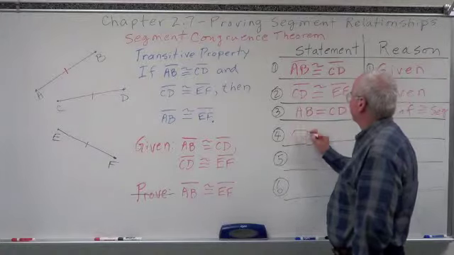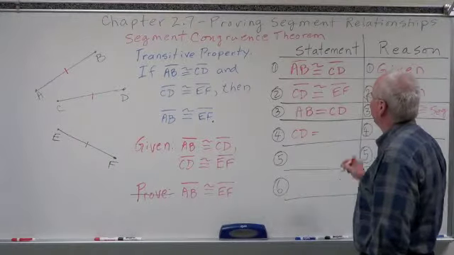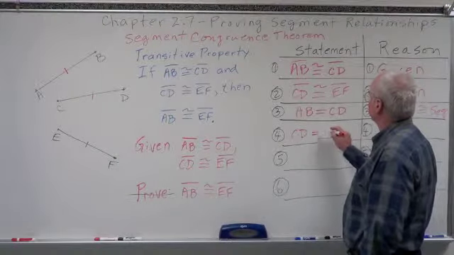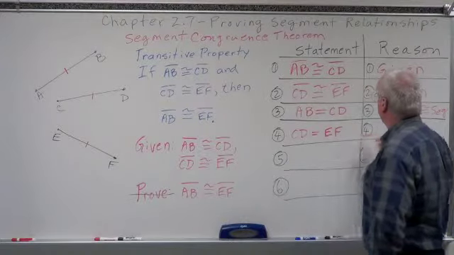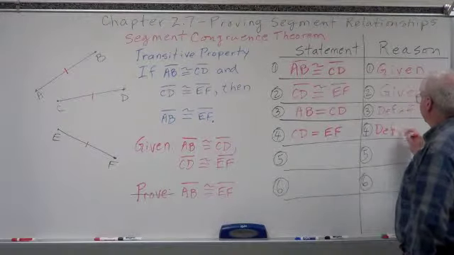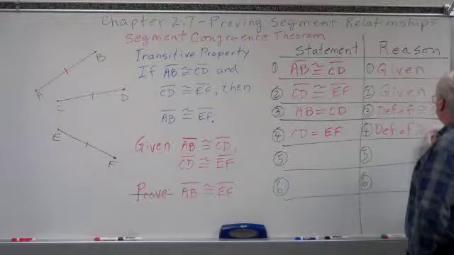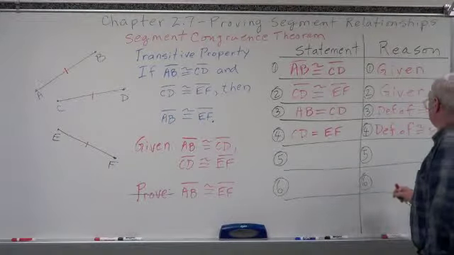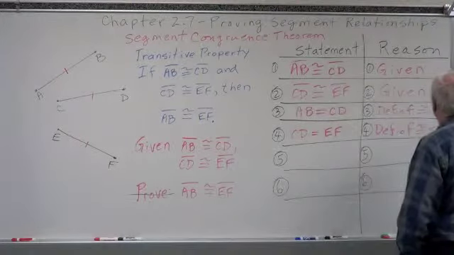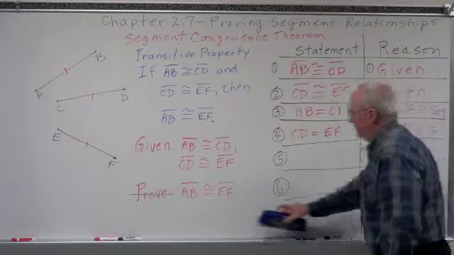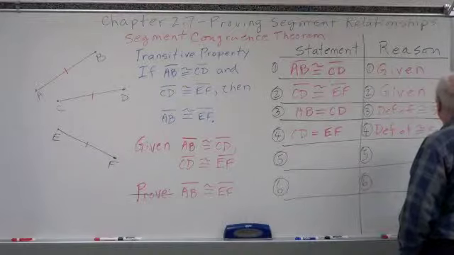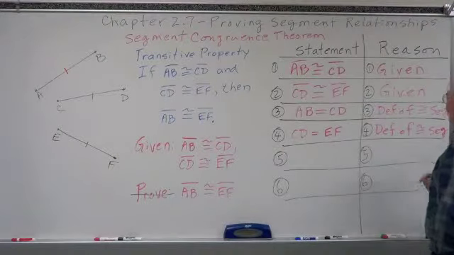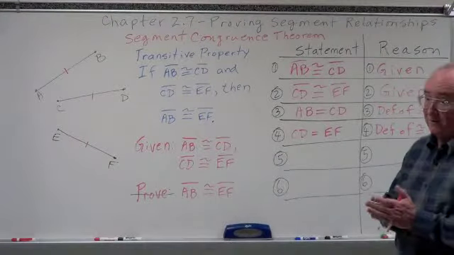Next one, the measurement of segment CD is equal to the measurement of segment EF. Why? Definition of congruent segments. Have to know those definitions. If you don't know those definitions, this is going to be tough. Get down the definitions.